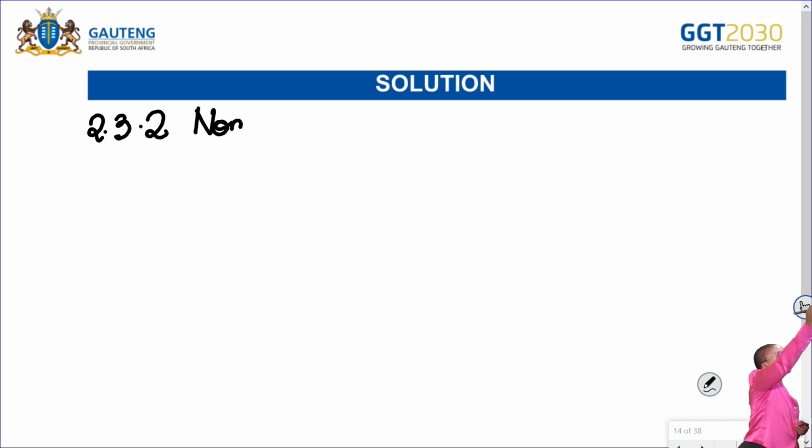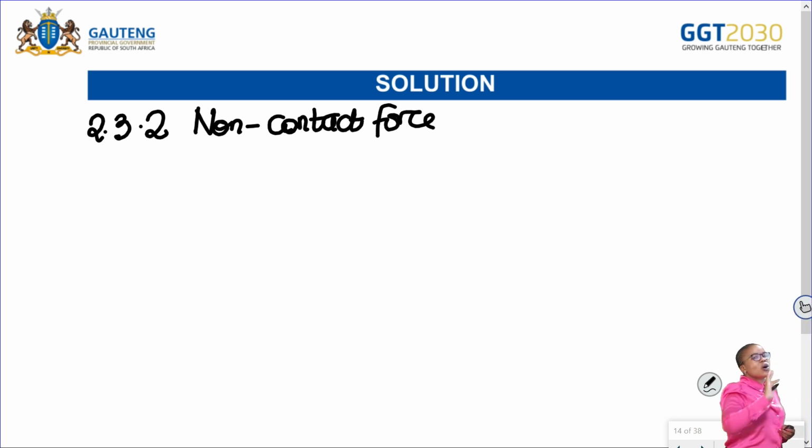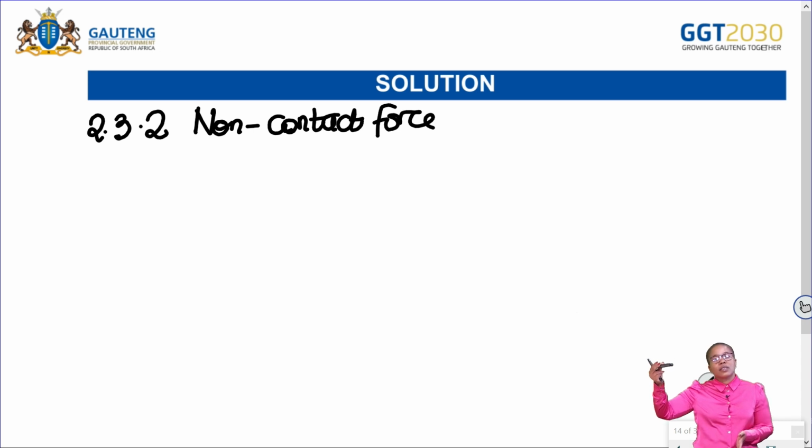Non-contact means you don't come into contact. You don't even touch the object you're exerting a force onto. So what type of force can that be? Your gravitational force. If I let go of this remote, it won't fly out of the window, it will just go down.